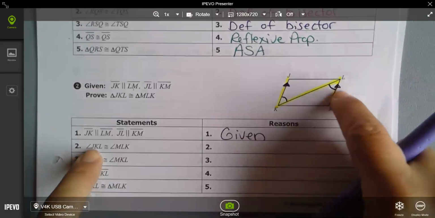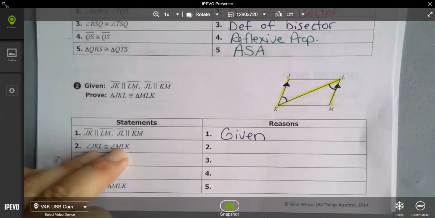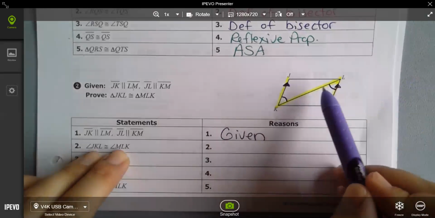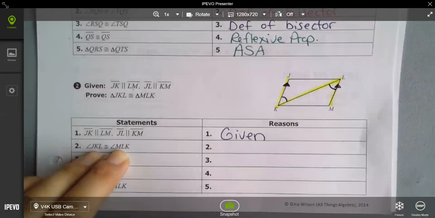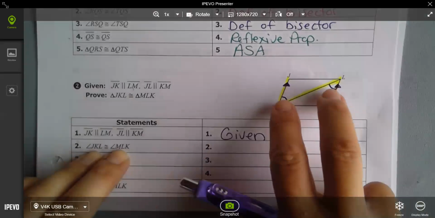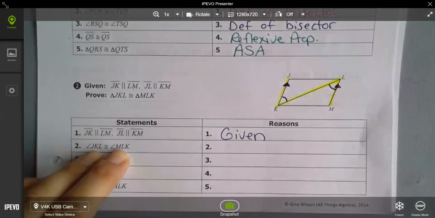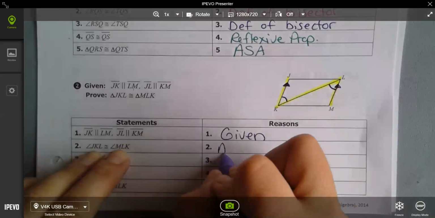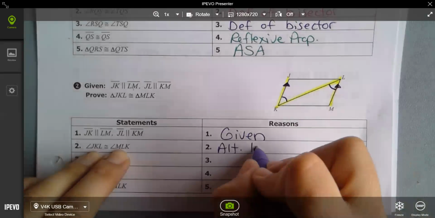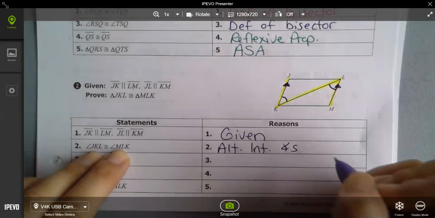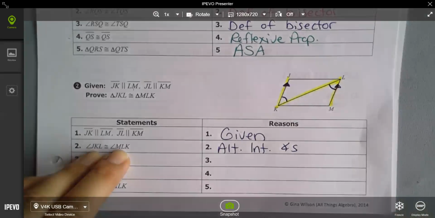And then angle MLK, that's that one. What relationship, what angle pairing is this inside of parallel lines and on opposite sides of the transversal? What do we call that? Those are alternate interior angles, and we know that alternate interior angles are congruent.